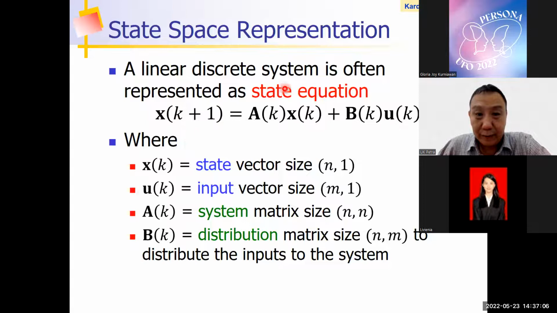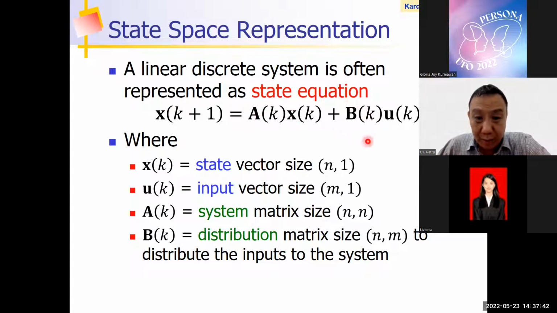Something like this: x(k+1) equals A, a matrix, times x(k), so this is the first order equation, right? And then plus B, another matrix, times U. What is A? A is the system matrix that transforms, n by n, so this will transform the x into another x, right?